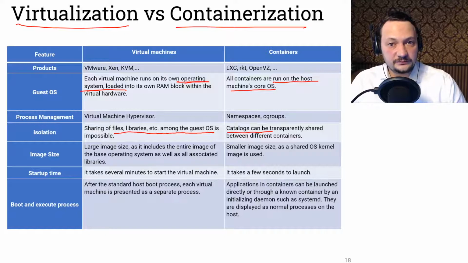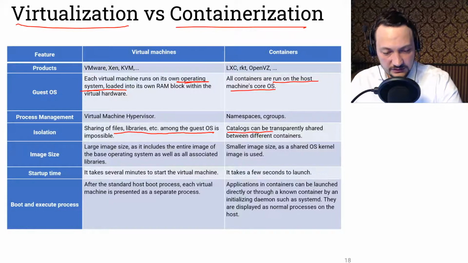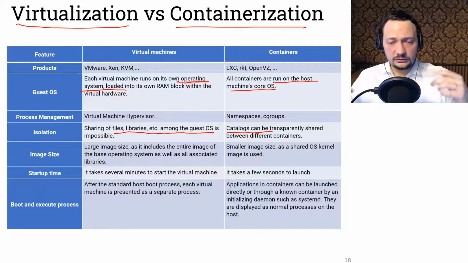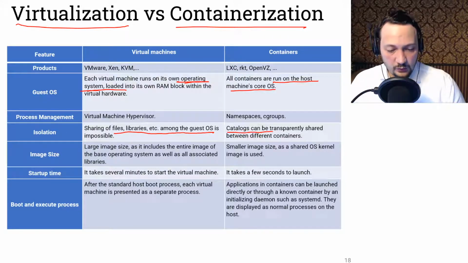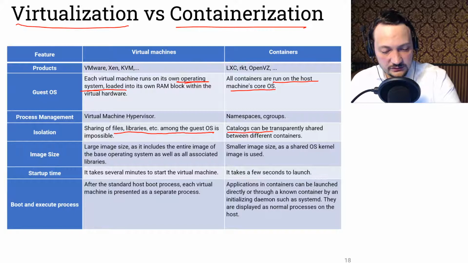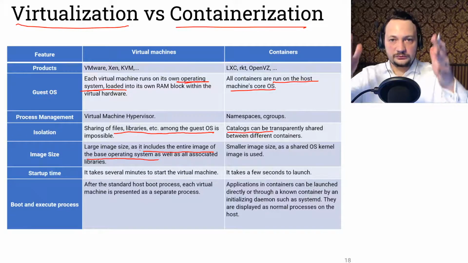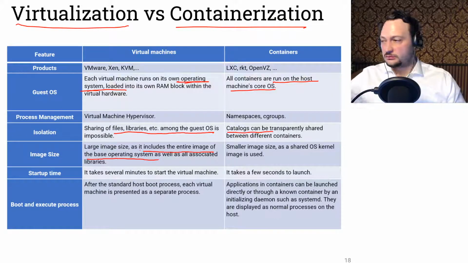Image size is very different, because when you have an image of a virtual machine and you store it somewhere, it includes the entire image of the base operating system as well. So if you have an image of the Ubuntu server, you store the whole Ubuntu server inside this image, like 2 GB.